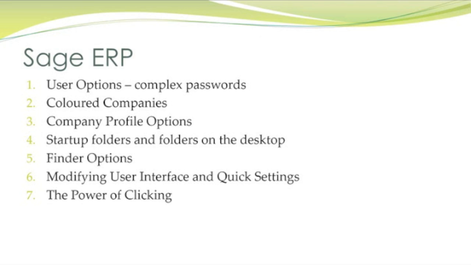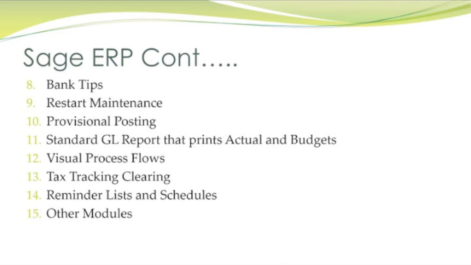Number 6 is modifying the user interface and how to do some quick settings from within the data entry screens. Number 7 is a little bit random in its description, but it's about 3 tips on clicking in different spots in Sage. Number 8, I'm going to have a little chat about bank reconciliations and if you've got any speed issues with those. We'll have a look at restart maintenance because a lot of people also see that screen quite a lot and don't understand what that means.